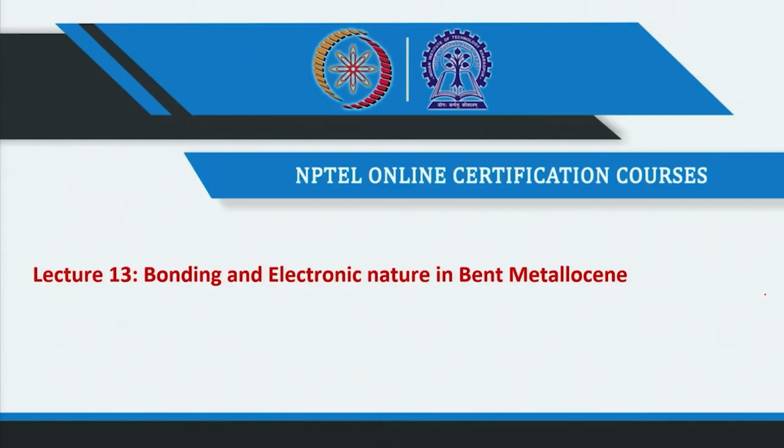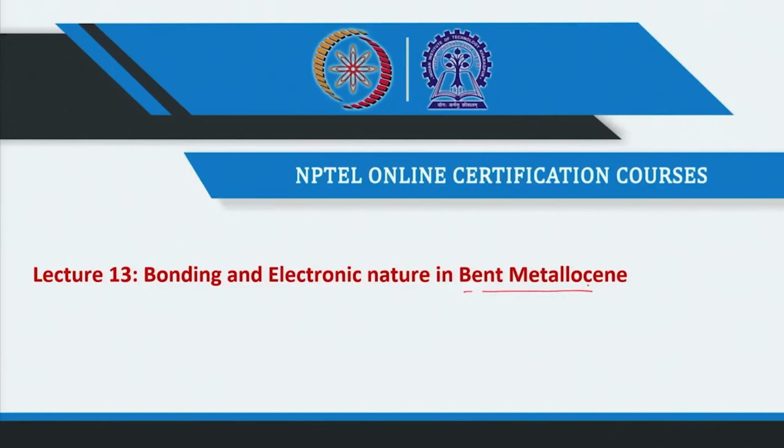What will be the difference in molecular orbitals? This is very crucial, because without this understanding we will not be able to understand the reactivity and the mechanism of these catalysts. So let us discuss the bonding and electronic nature in bent metallocene in today's class.